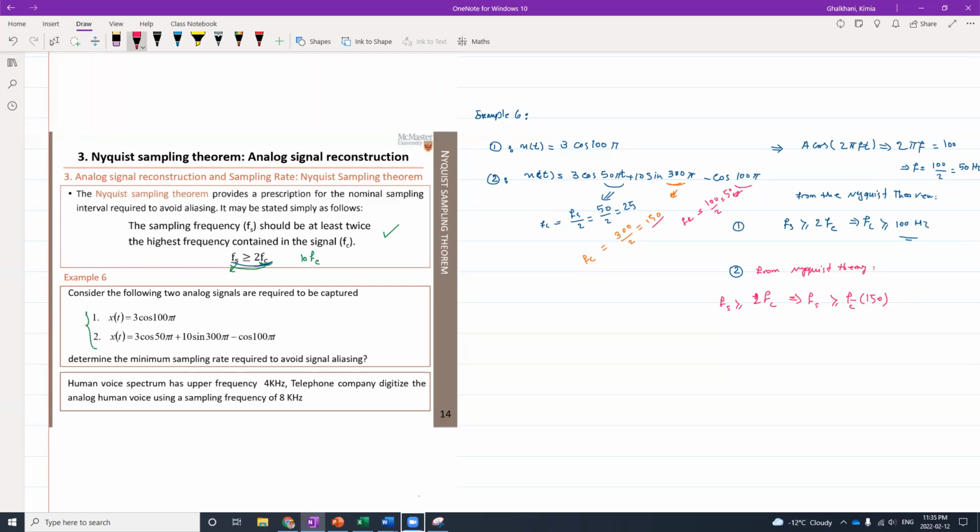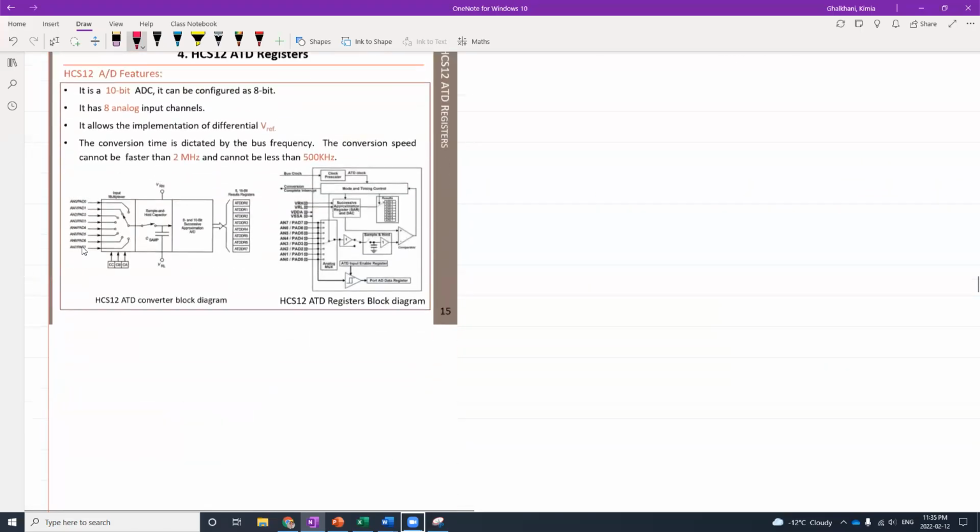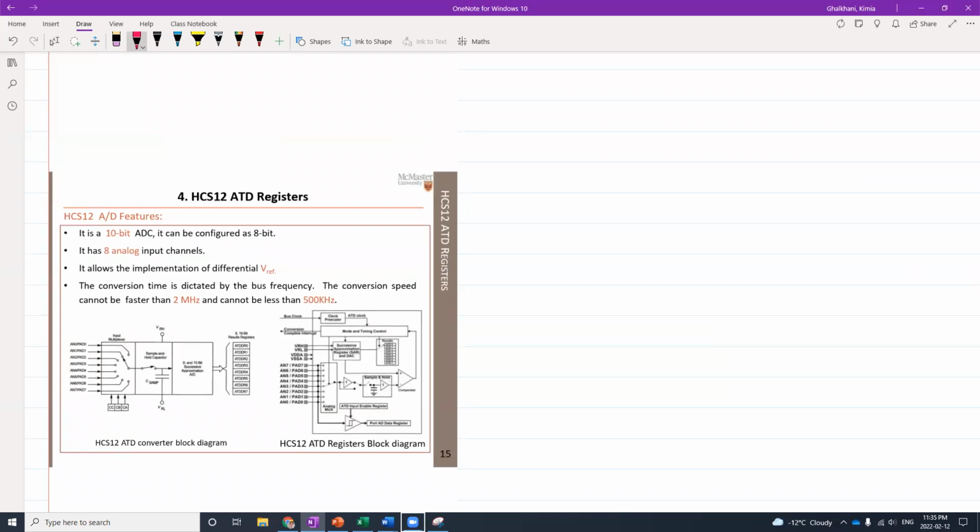And from here, this should be bigger than 300 hertz, right? It must be bigger than 300 hertz. So now you learn how to deal with those challenges, and finally, also today you learn how to find the proper analog to digital converter in terms of frequency.